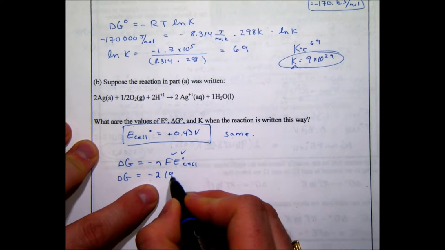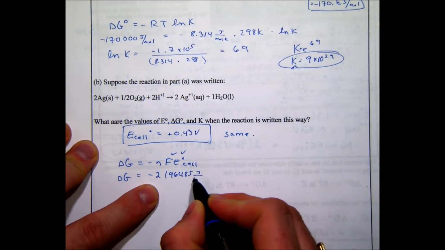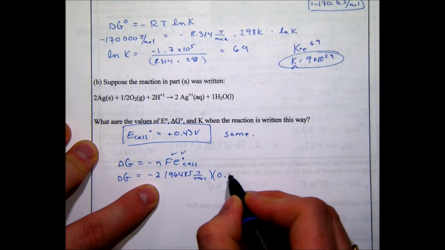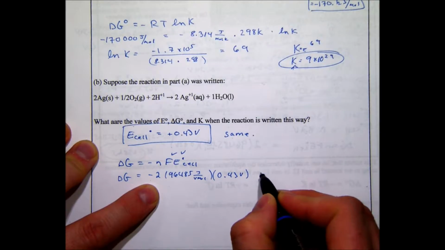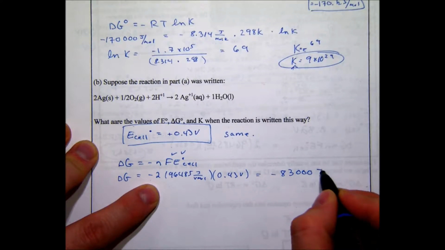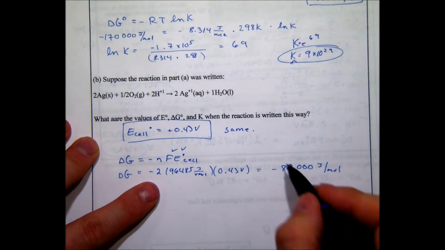So 2 times 96485 joules per volt mole times 0.43 volts. And it's going to equal negative 83,000 joules per mole. So that did change.